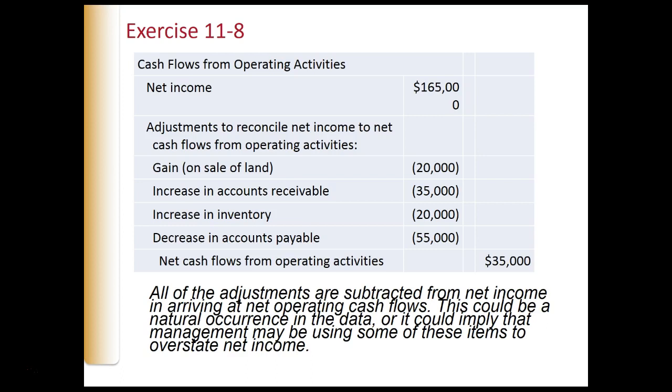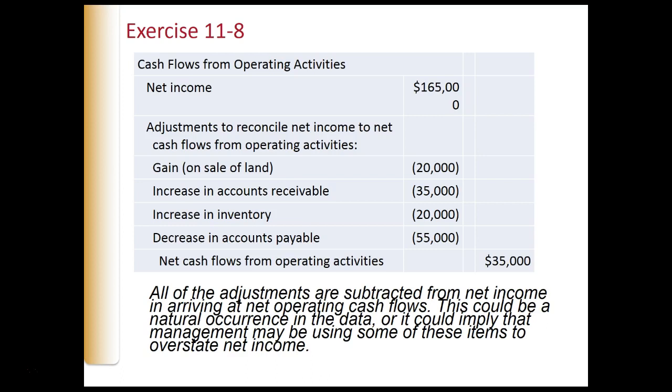Now, if we start with our net income and we're trying to figure out how cash has been affected, the gain on the sale of land got added to our net income. So we're going to subtract that from our net income to arrive at the cash flows.